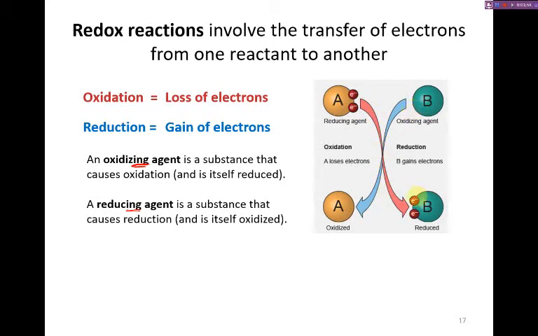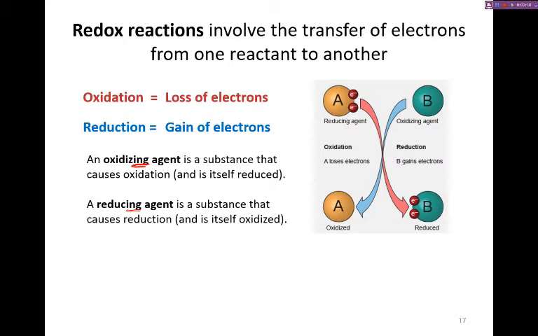The oxidizing agent oxidizes the reducing agent, and therefore the oxidizing agent has been reduced and the reducing agent has been oxidized. And so we see that these are essentially two halves of the same coin. You cannot have oxidation and reduction without the other.